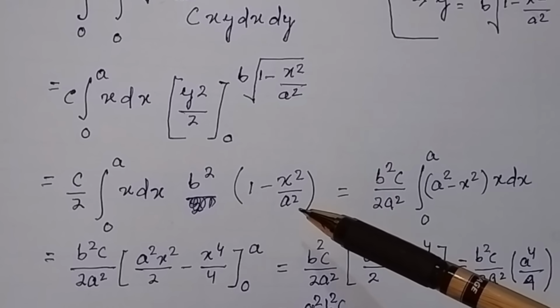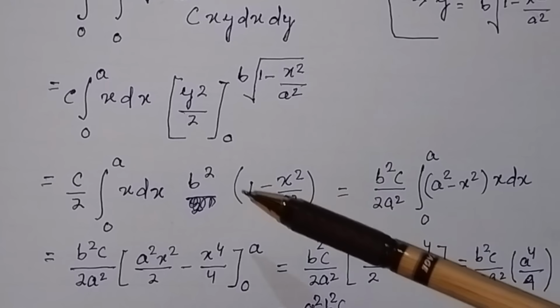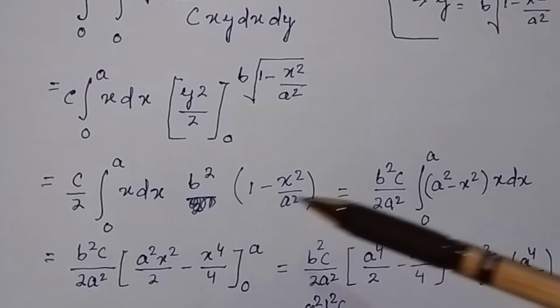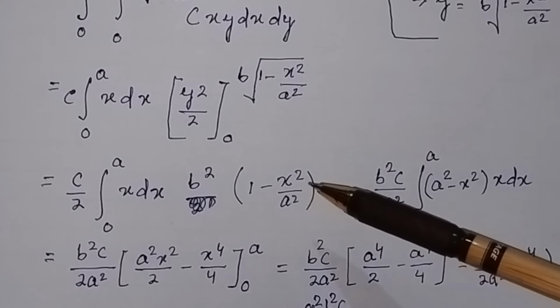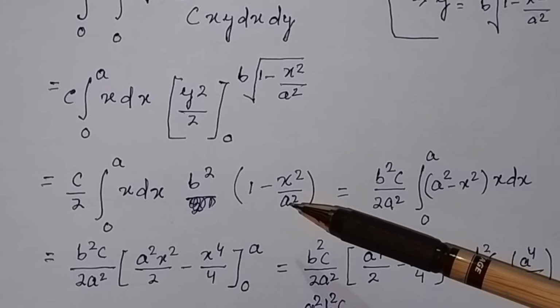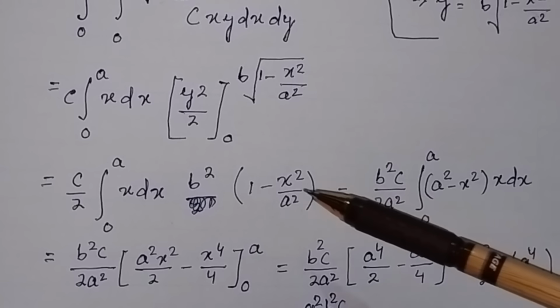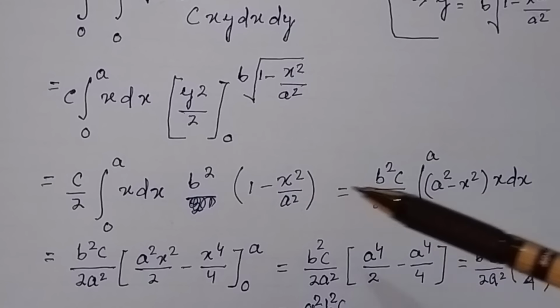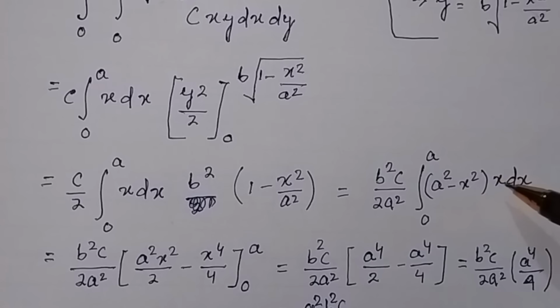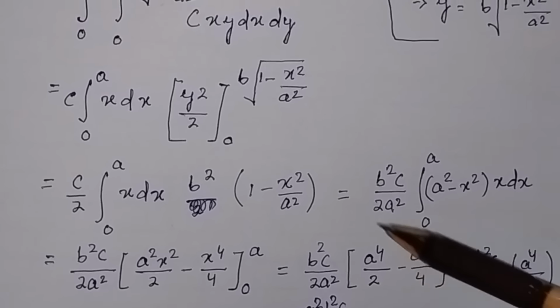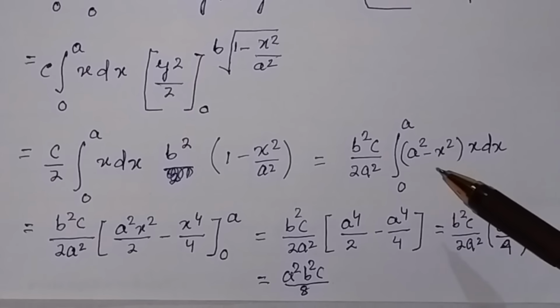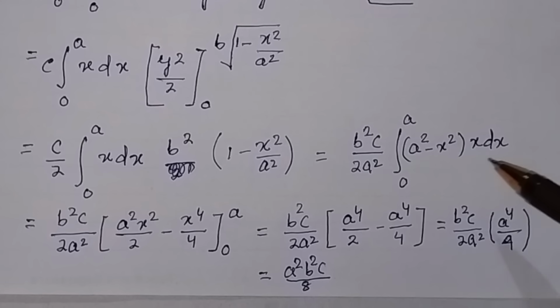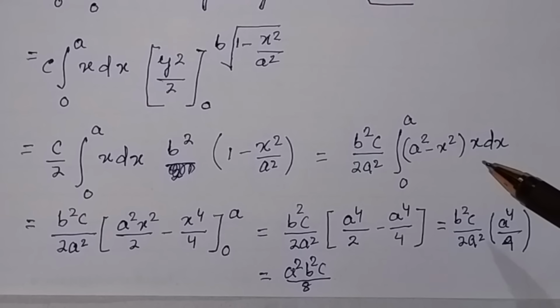So if you solve it, this will be equal to b square into c divided by 2, and if you simplify it and take a square outside, then in the numerator you have a square minus x square into x dx. So you now integrate this function with respect to x.